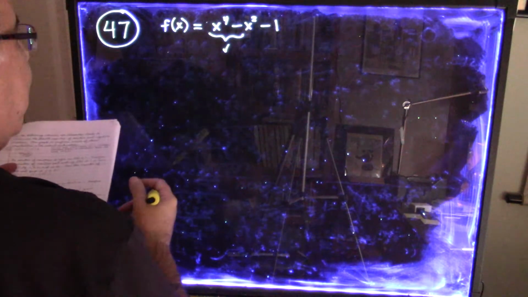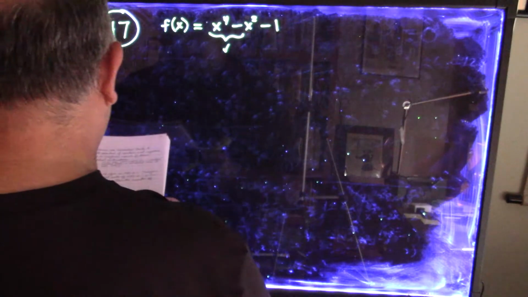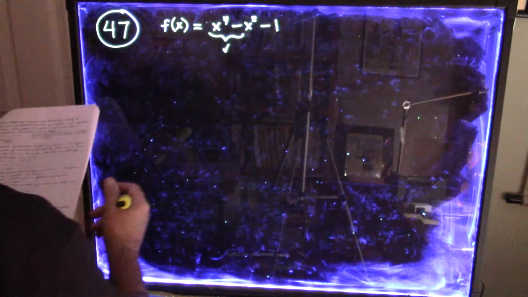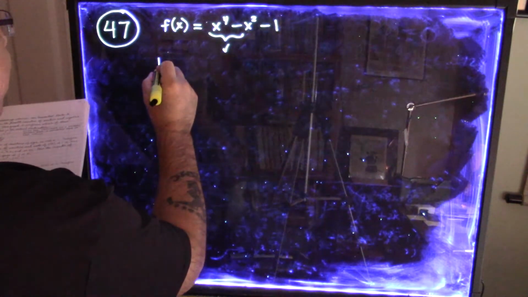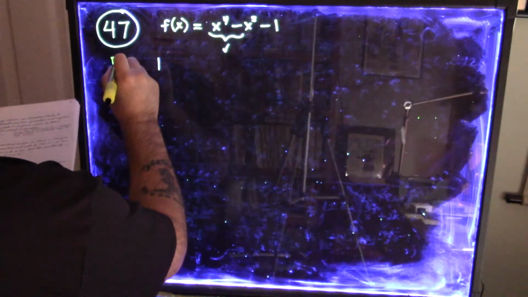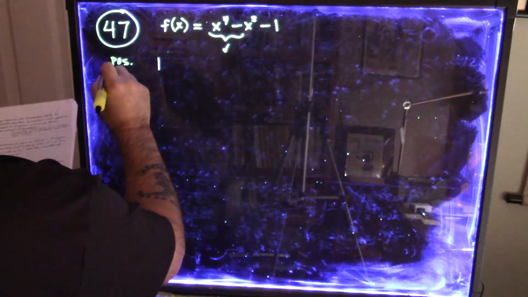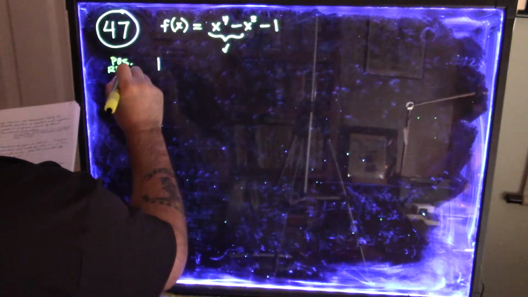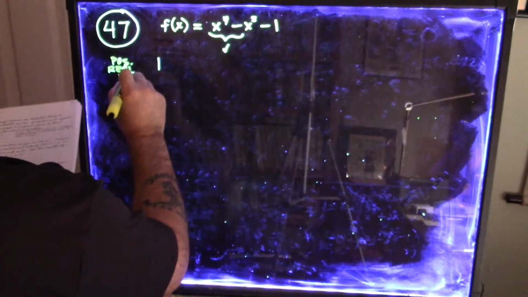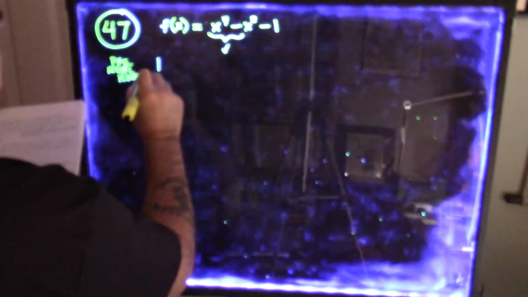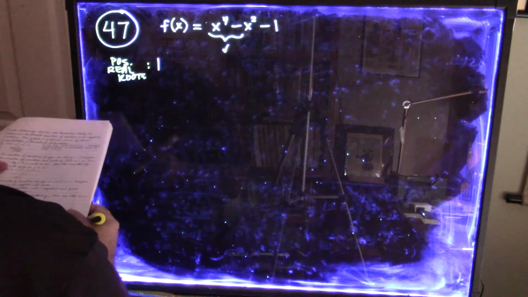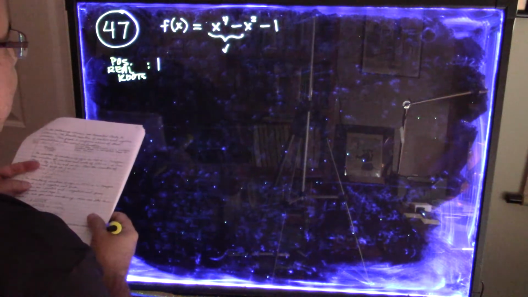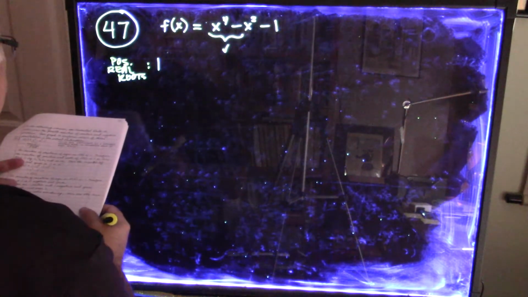So the number of positive real roots of f of x is 1, or less than 1 by an even number like 2, 4, 6, and so on.